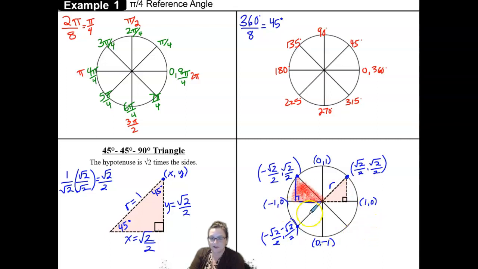And then reflecting into the fourth quadrant, this is where x is positive, but y is negative. So positive root 2 over 2, negative root 2 over 2.